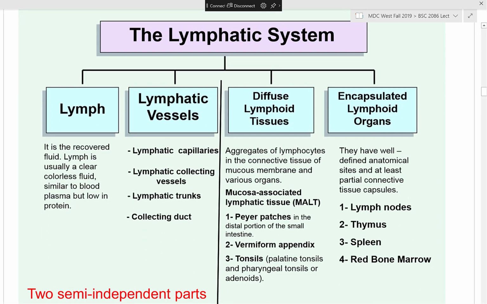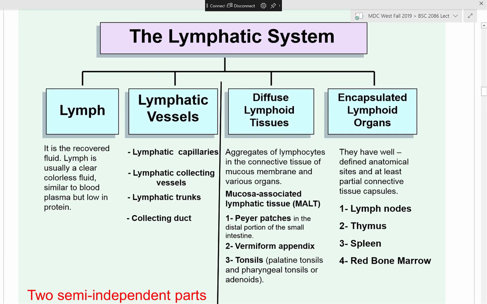So what is the overall lymphatic system, right? A summary of everything. The first thing is that the lymphatic system is 2-in-1. 2-in-1 means that they are semi-independent. It says semi, right? They still depend on each other. Now, they are composed of your lymph, what is the lymph? The lymph is the fluid that's collected from that interstitium. We have plasma, right?